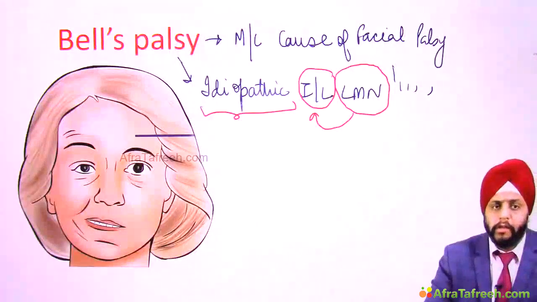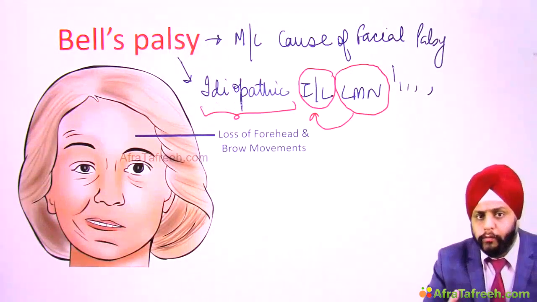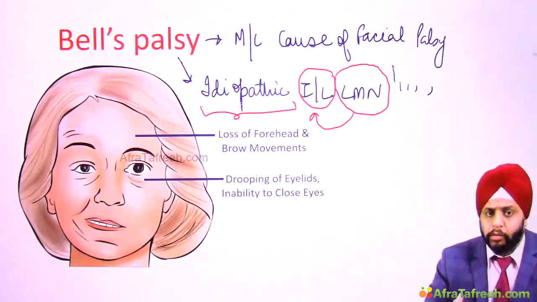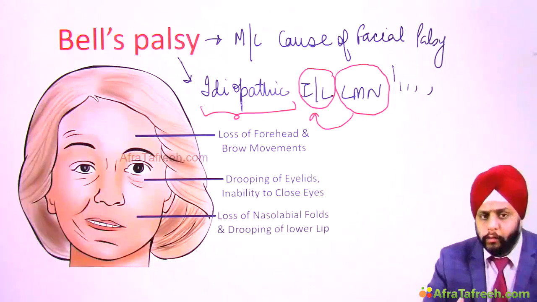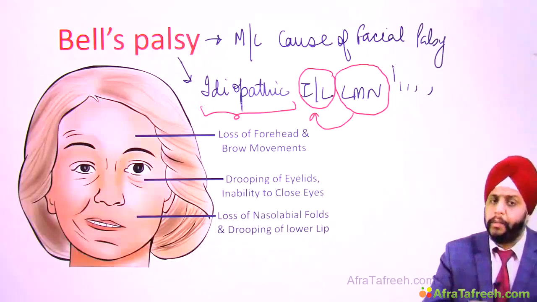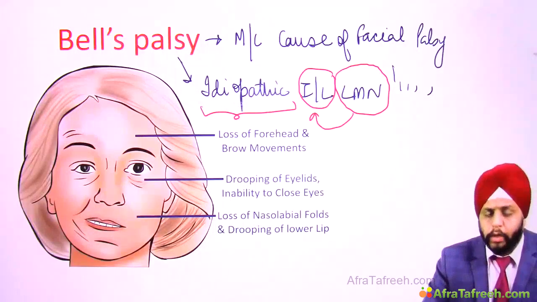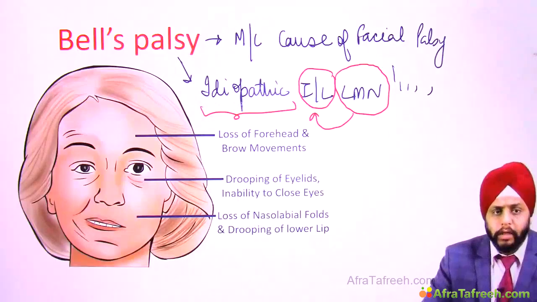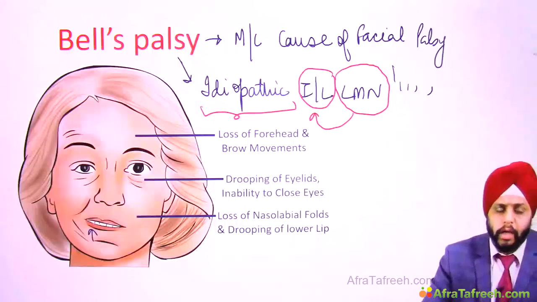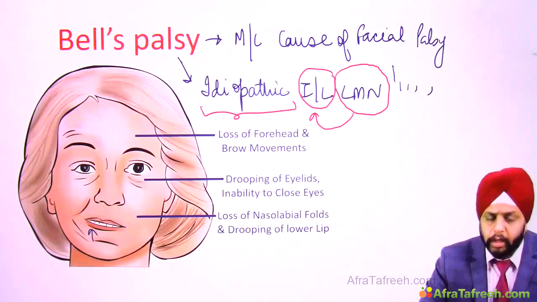So if you look in this patient, you will have the loss of forehead and the brow movements, drooping of eyelids, the inability to close the eyes, the loss of nasolabial fold, drooping of the lower lip. So it's a complete half facial palsy, right? One half of the face is gone. You can see that the lip is deviated to the other side. So this is our Bell's palsy.